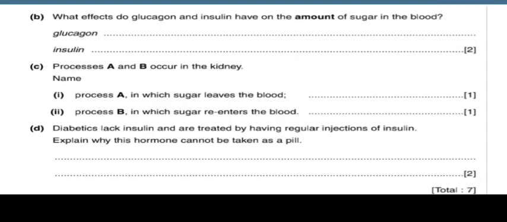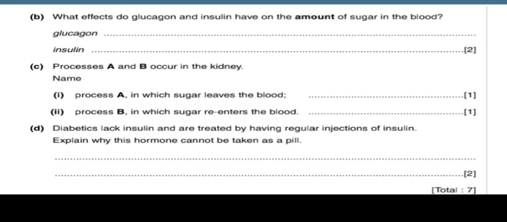The next question is saying, what effects do glucagon and insulin have on the amount of glucose in the blood? The first one, glucagon. Mind you, this question is asking about the effect of glucagon and insulin.